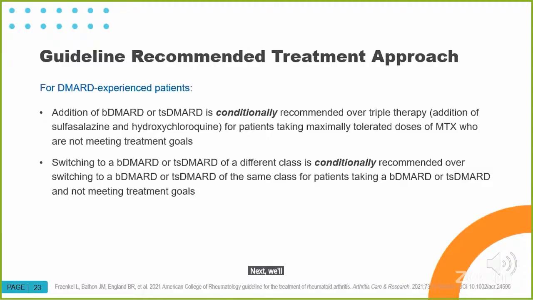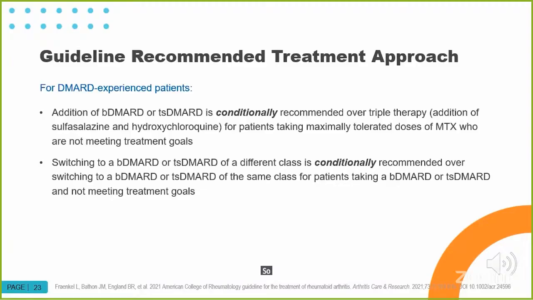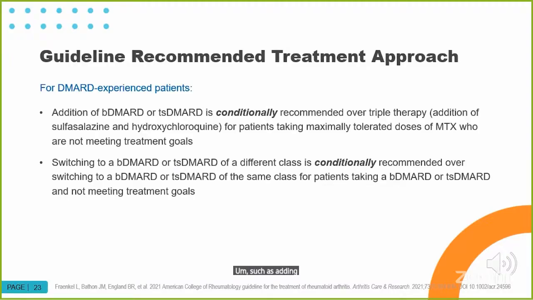Next, we'll talk about guideline recommendations for patients that are DMARD experienced. So these are patients who are likely already taking a CS-DMARD, such as methotrexate, who are unable to reach their target of low disease activity or remission. So the guidelines recommend in these patients to add either a biologic DMARD or a targeted synthetic DMARD over creating a triple therapy regimen with 3 conventional synthetic DMARDs, such as adding hydroxychloroquine and sulfasalazine to methotrexate.